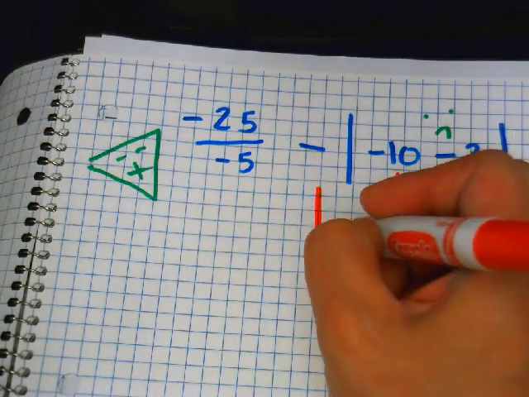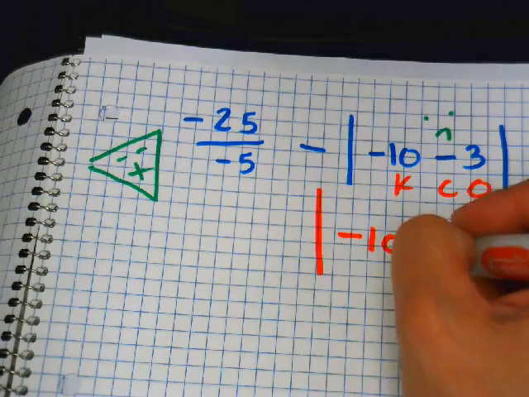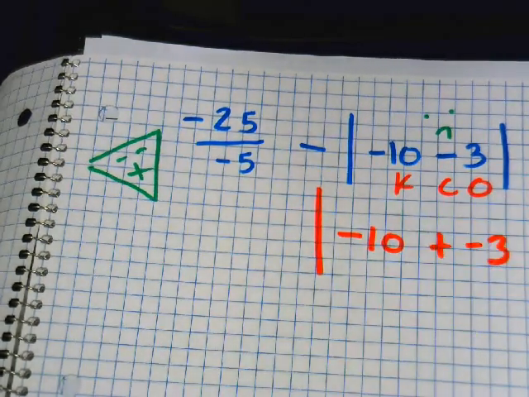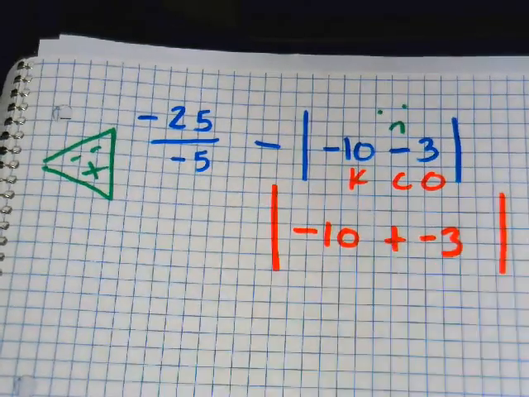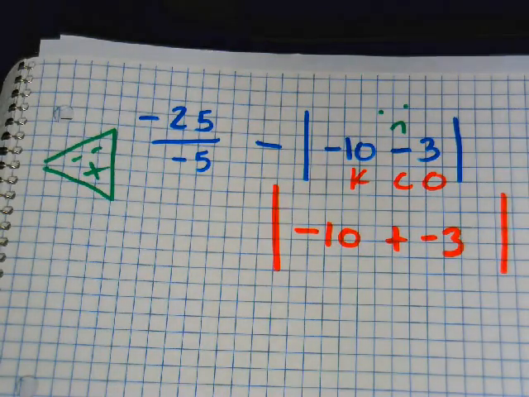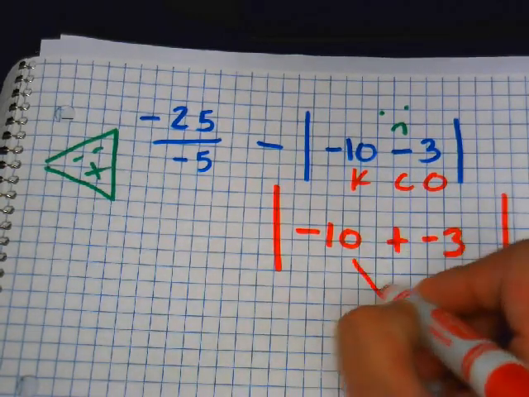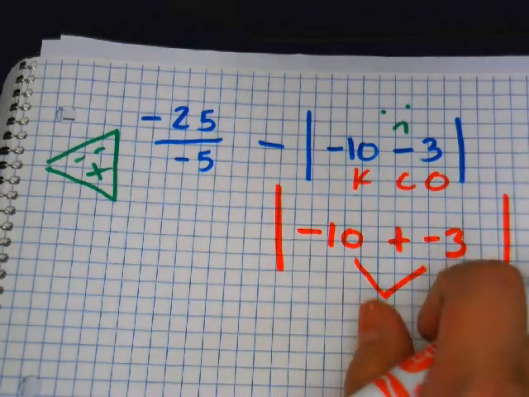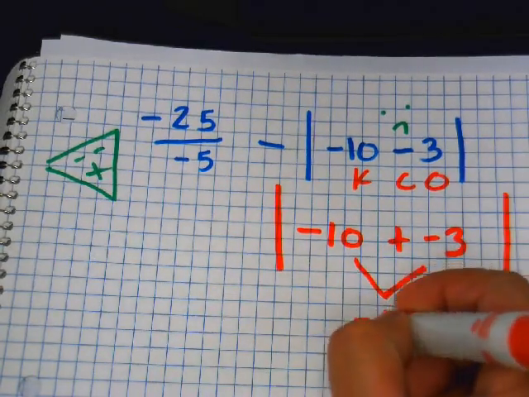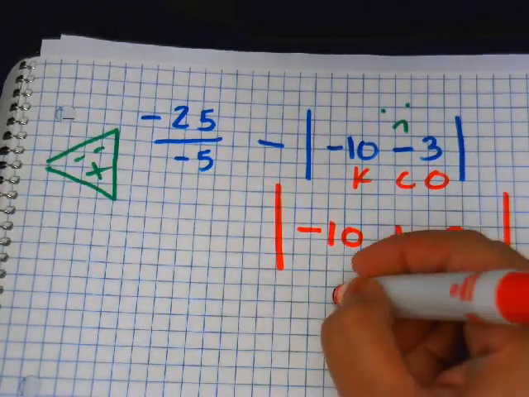So hopefully you wrote that before I did. What'd you get? I don't know. I make these problems up and I don't even know the answer. Okay, what's negative 10 plus negative 3? That's negative 13. But I still have the bars.